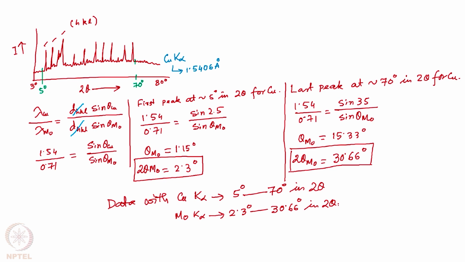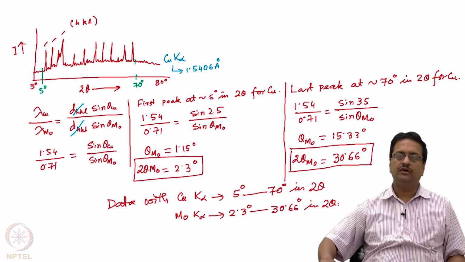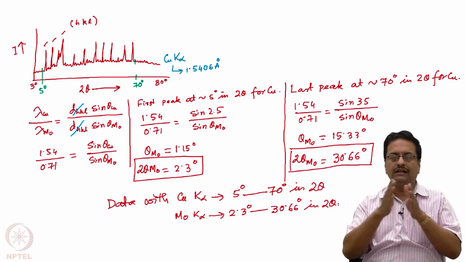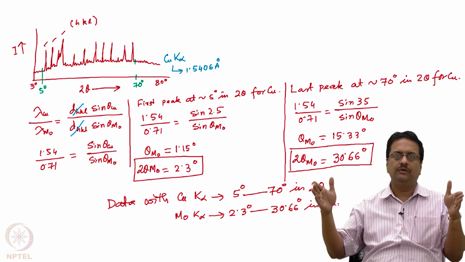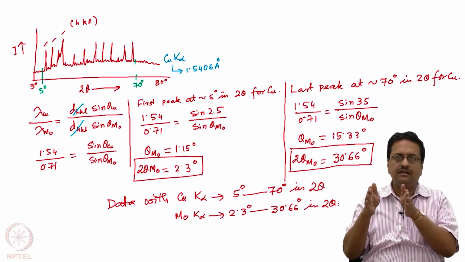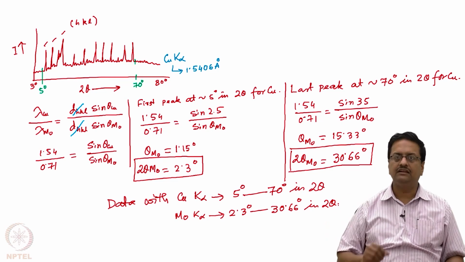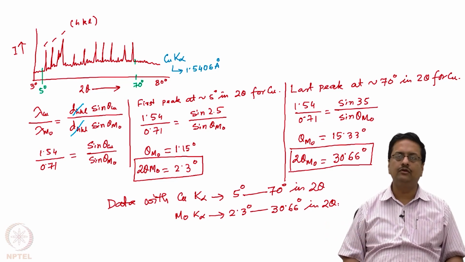What does it mean? It means the powder pattern, which was quite broad over a range of 2 theta using copper, is now squeezed in a small region of 2 theta, and it appears as if the peaks are very, very close.